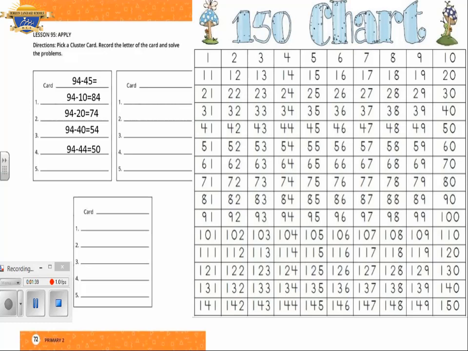If you notice that we have here 4 tens, so we will start to subtract tens or group of tens till we reach the 4 tens. And then we will subtract the number just before 45, and this number is 44.